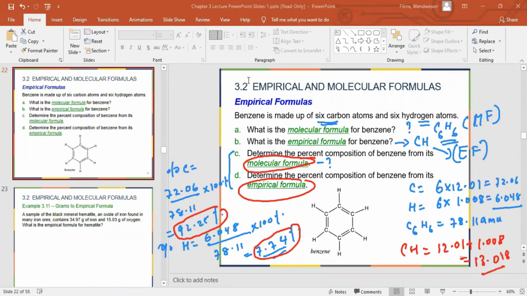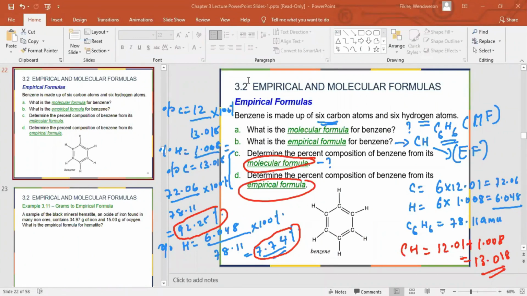So this way we can calculate the percent of carbon: 12.01 over 13.018. The percent of hydrogen is going to be 1.008 divided by 13.018.